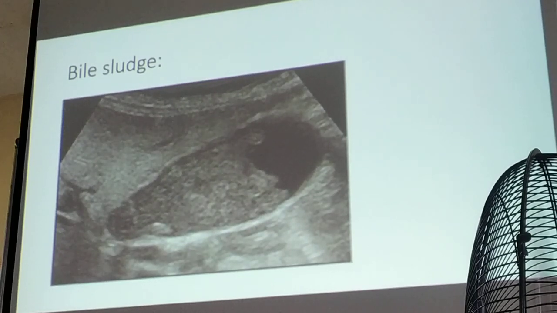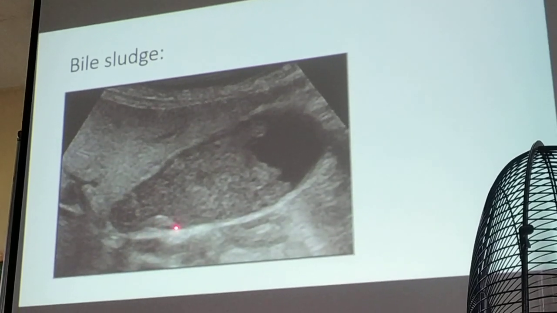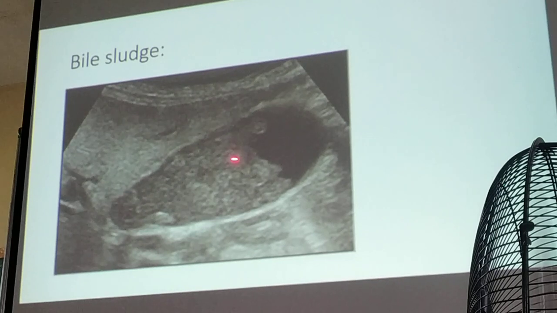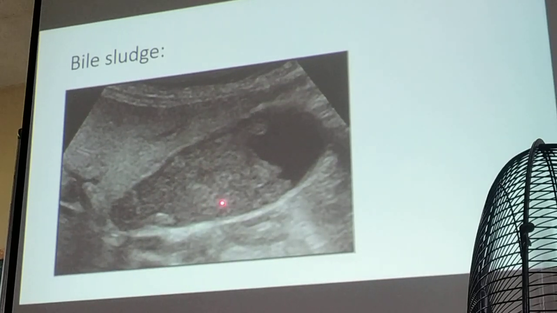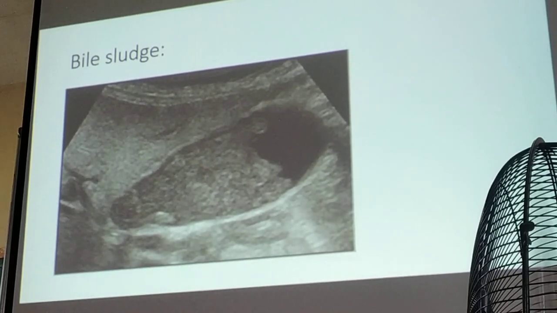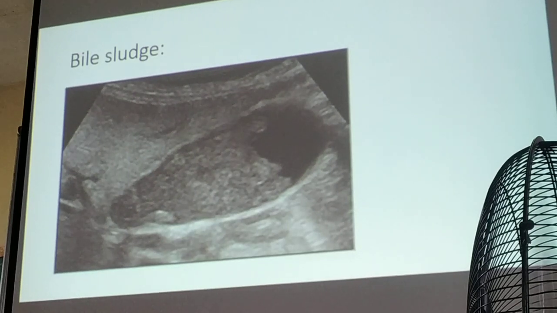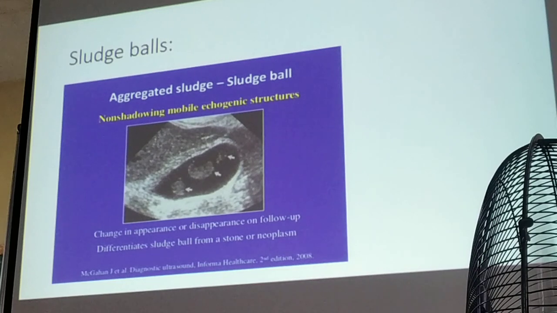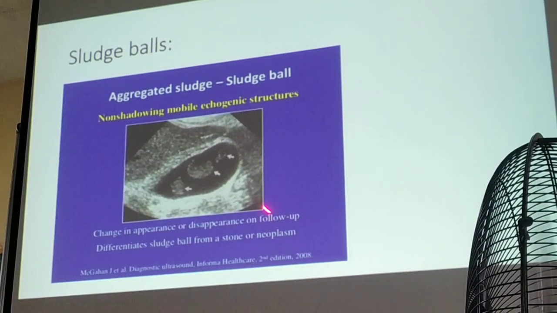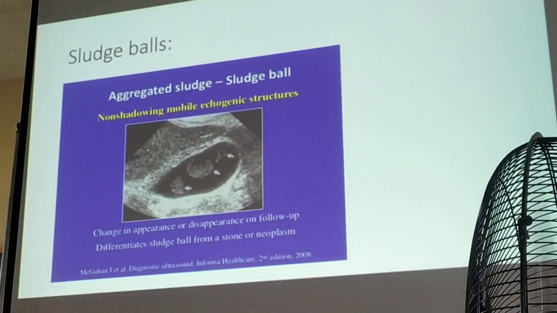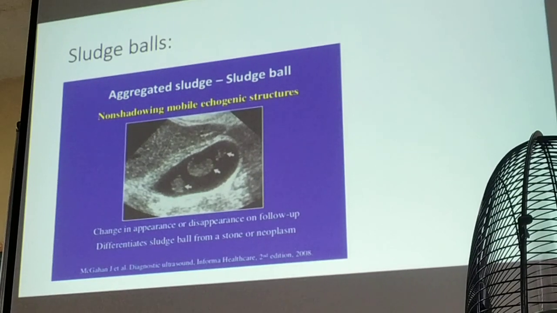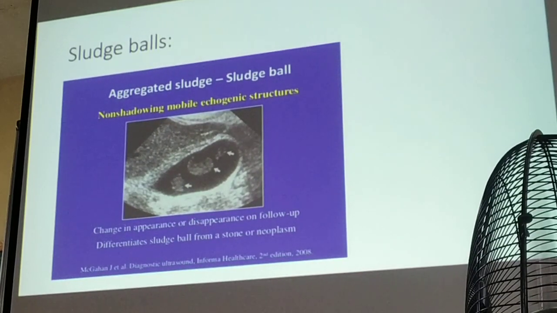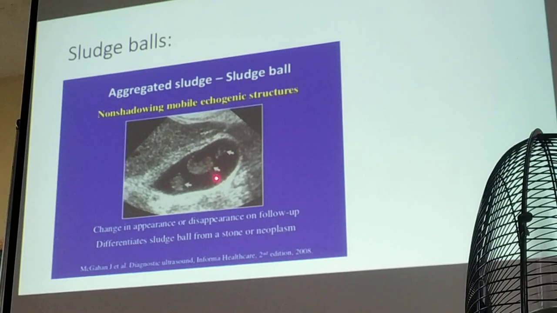Okay? This is a polyp. There's no shadow. And this one would be your biliary sludge. Okay? Yeah? This is your sludge ball. If you say gallbladder polyp, I would consider that. But this is your sludge ball.